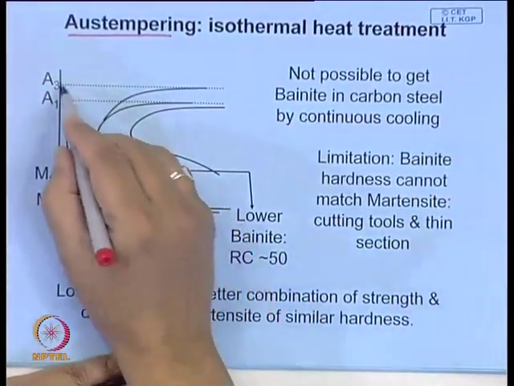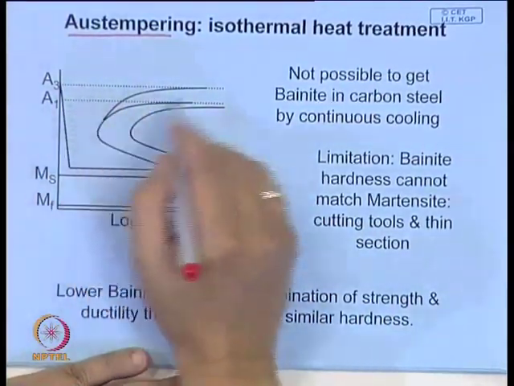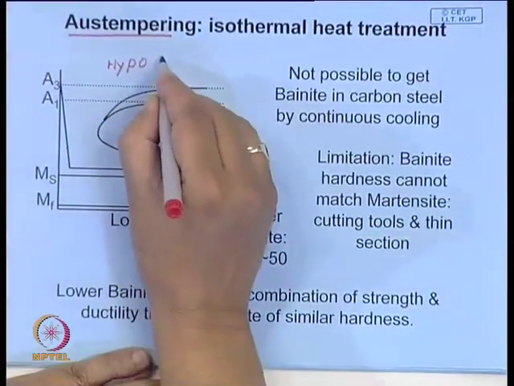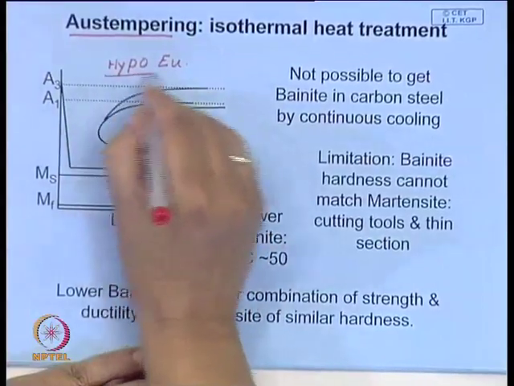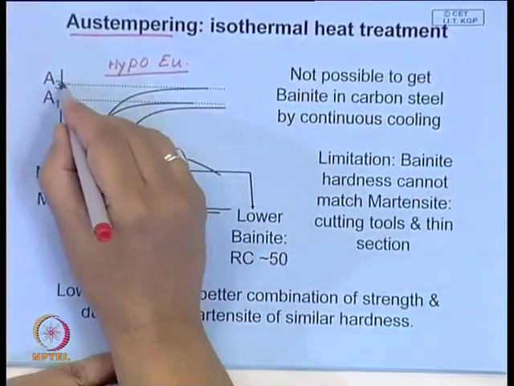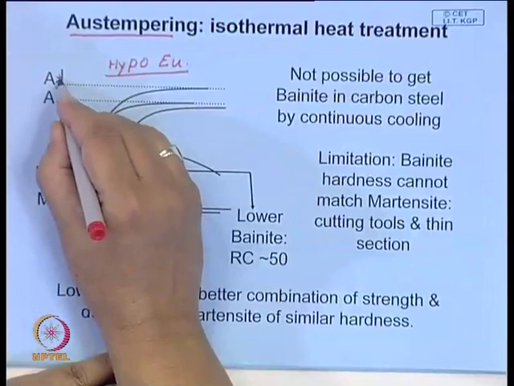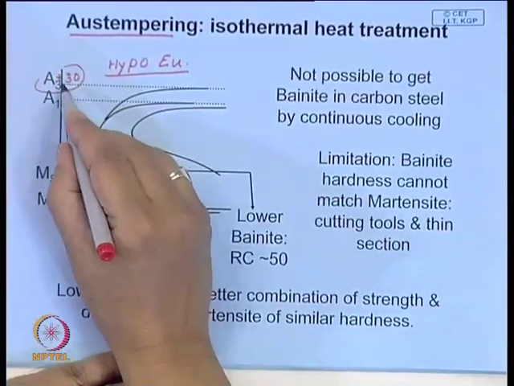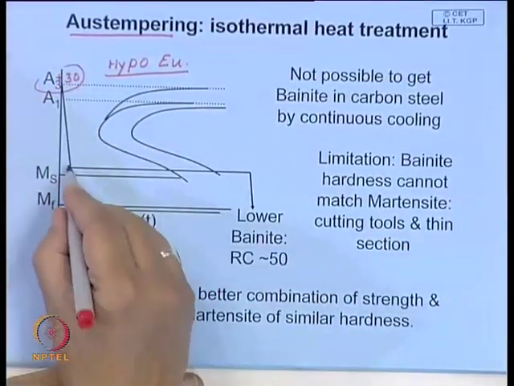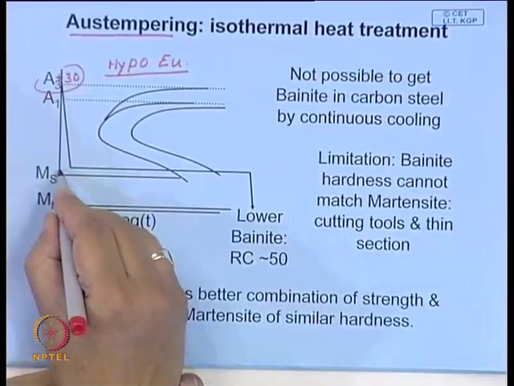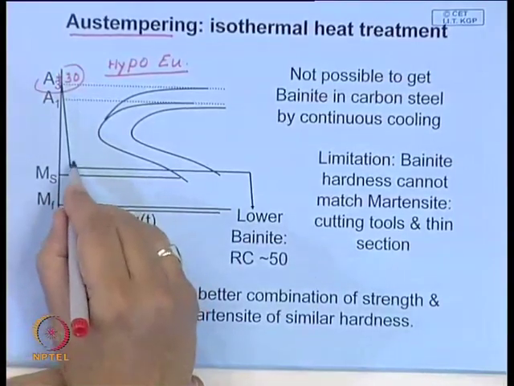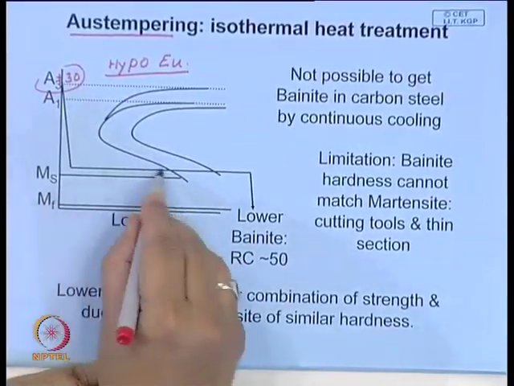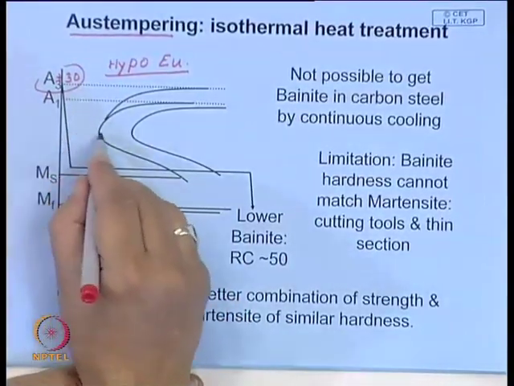If you look at the TTT diagram for a particular steel, this is a hypoeutectoid steel. You heat it to A3 plus around 30 to 40 degree centigrade, austenitize, and then you cool it to a bath which is maintained above MS. And here you see the transformation at this stage is rather slow, much slower than over here.